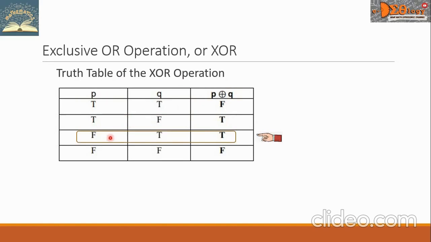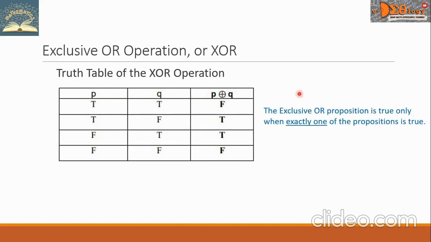When P is false and Q is true, P XOR Q is true. When P is false and Q is false, P XOR Q is false. The exclusive OR proposition is true only when exactly one of the propositions is true.